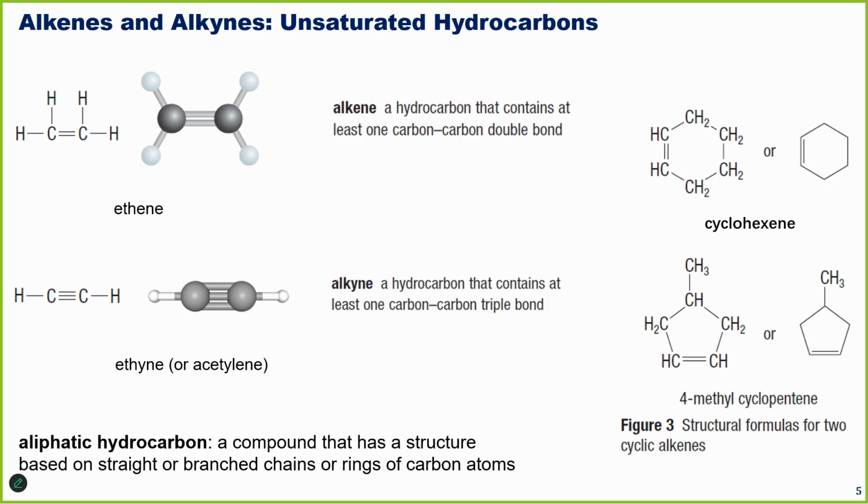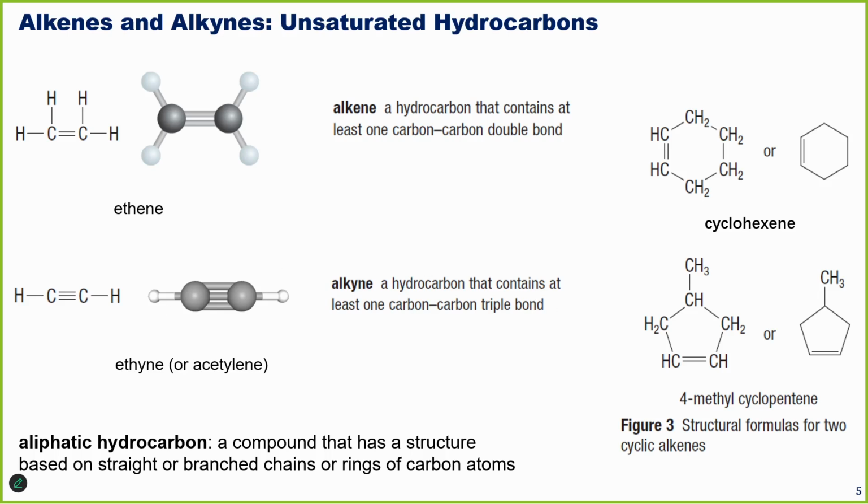An unsaturated hydrocarbon that contains at least 1 triple bond between 2 carbon atoms is called an alkyne. Alkynes with 1 triple bond have the formula CnH2n-2. The simplest alkyne is ethyne, which is shown here in the figure on the bottom left.